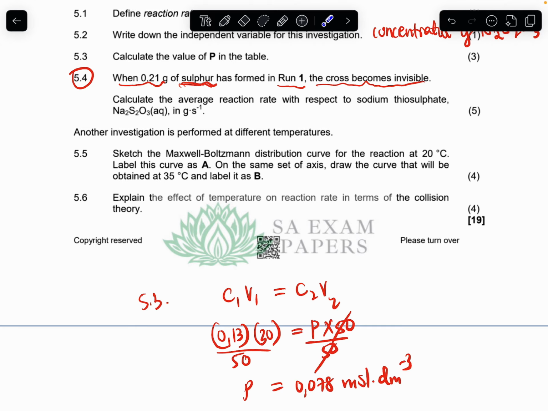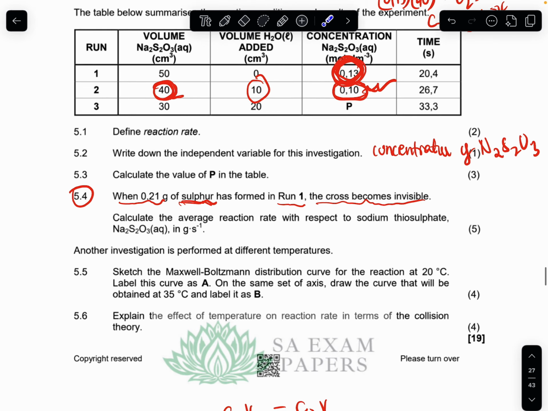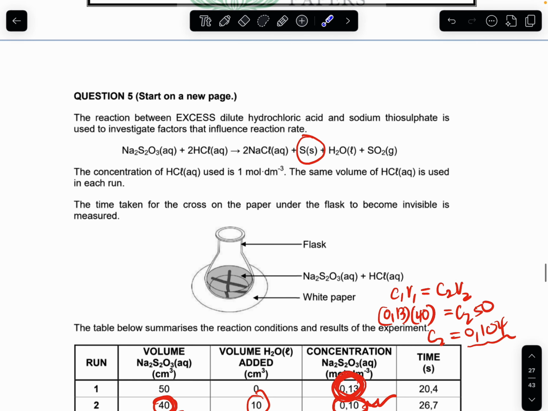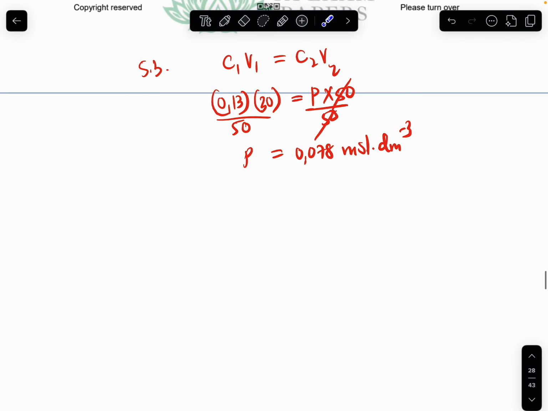So guys, they wanted the rate of the sodium thiosulfate, and we're given the sulfur, it was formed, right? So we're gonna do the ratio of what is formed and get what was used, and then we do the rate. So what we're going to do, it's 5.4.